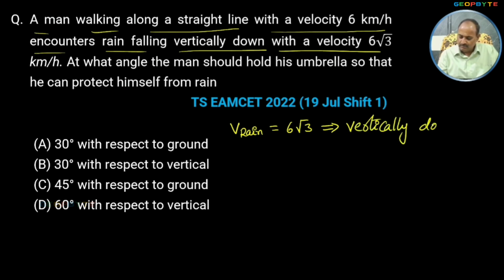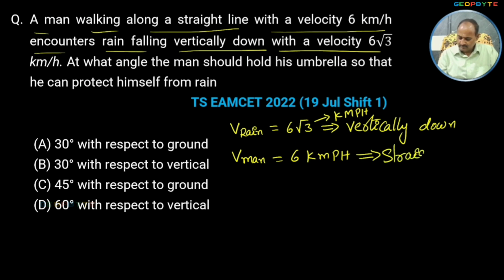The man is walking with a speed 6 kilometer per hour in a straight line.